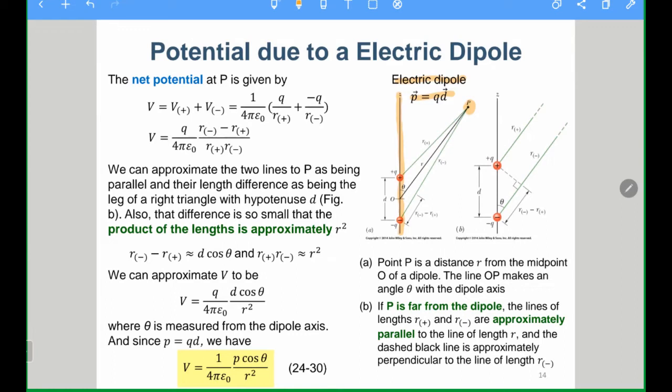It is related to the angle between the z axis and the line to P. Yeah, so this is the angle.